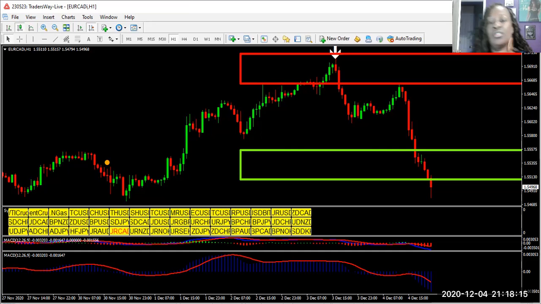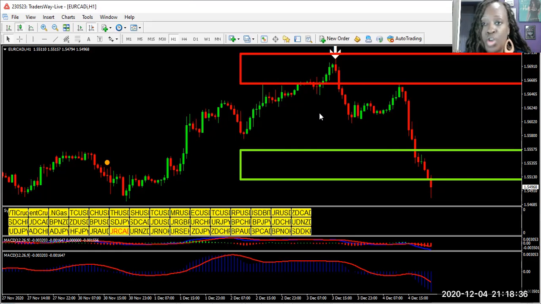When price is inside the zones, it's telling you where price wants to go. If it's in the supply zone up here, price wants to sell off. If it's in the demand zone, price wants to buy up. So all you're doing is looking for your engulfing candle.